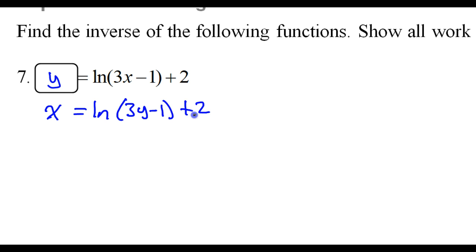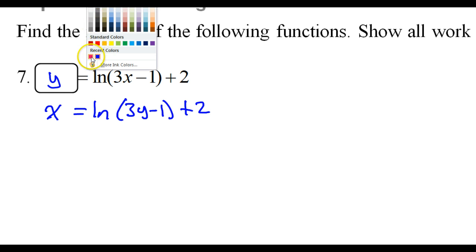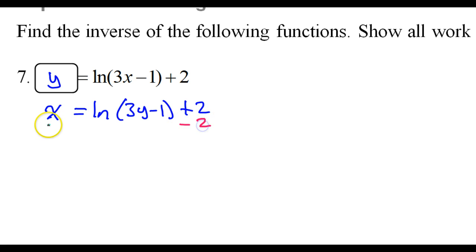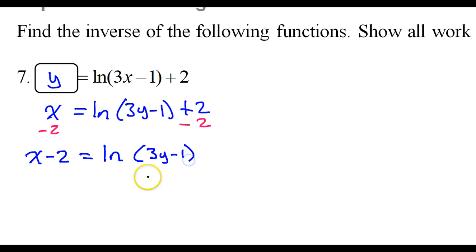Well, first let's get rid of this extra plus 2 hanging around by subtracting 2 from both sides. So that's going to give us, so far, x minus 2 is equal to natural log 3y minus 1. That's as far as we can go algebraically.